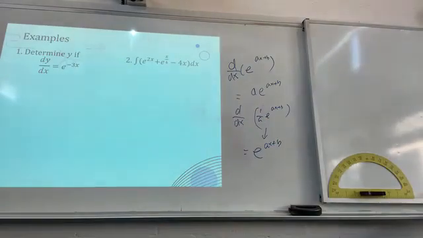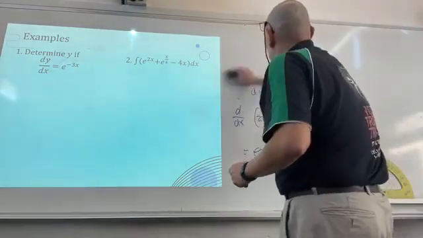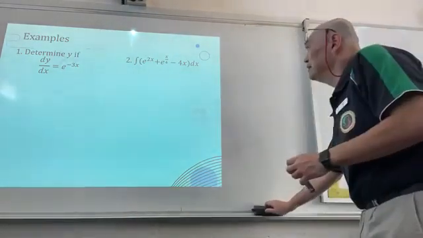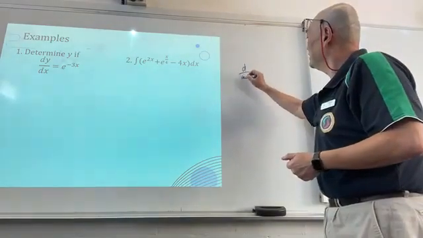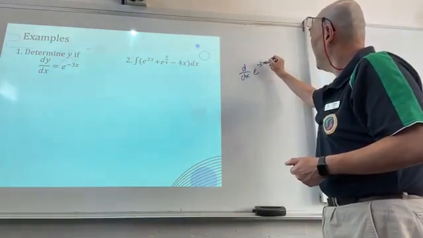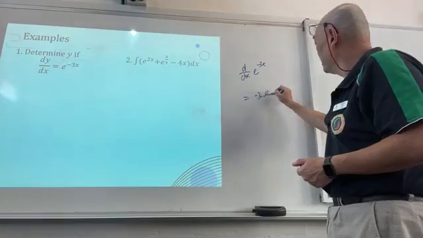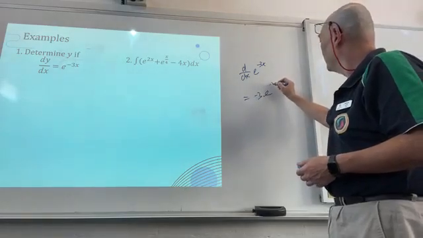Let's do some examples now. Start off with the very first one. Determine y if dy/dx equals e to the power of minus 3x. Sometimes when you do something like this, you can think about what happens when I differentiate e to the power of minus 3x. If I differentiate, d/dx of e to the power of minus 3x gives minus 3 e to the power of minus 3x, correct?